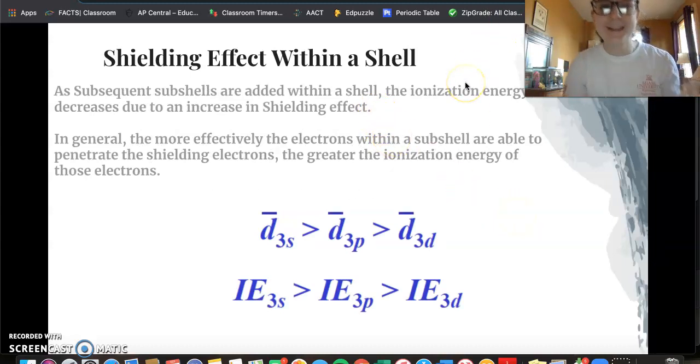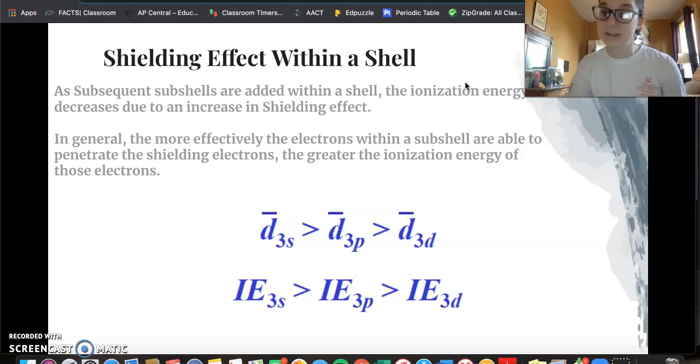This kind of, again, goes into that. As subsequent subshells are added, the ionization energy decreases due to an increased shielding effect. So there's more shielding effect, more repulsion from other electrons. It's going to be easier to take an electron away, which is essentially ionization energy. So the more effectively the electrons within a subshell are able to penetrate the shielding electrons, the greater the ionization energy of those electrons.